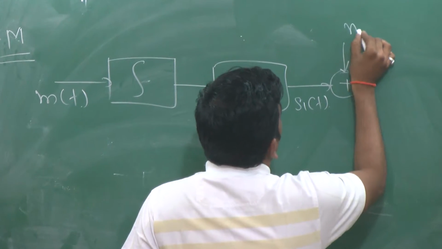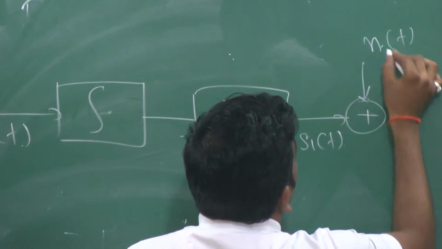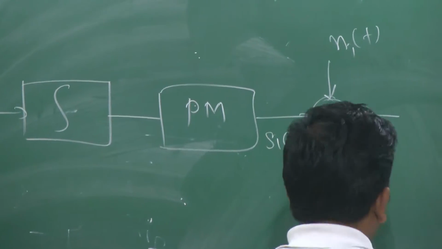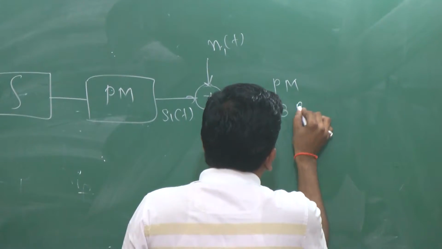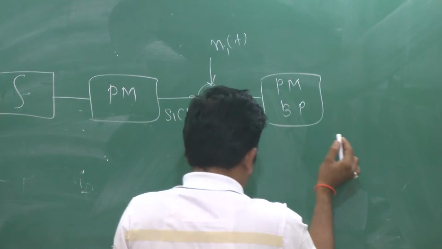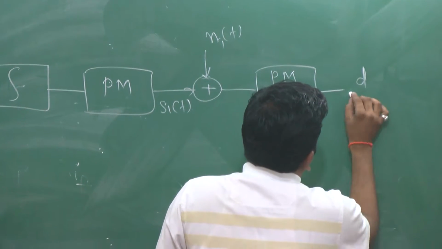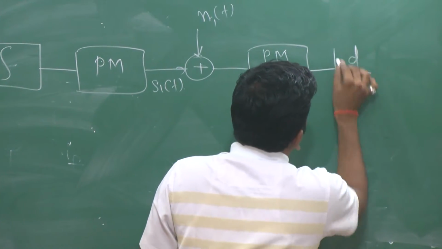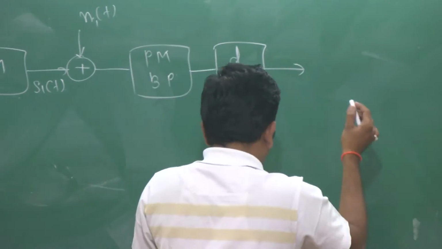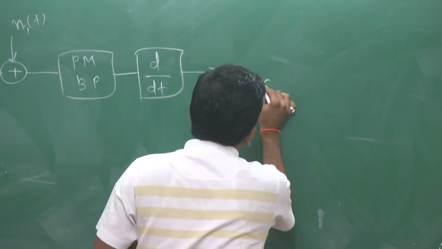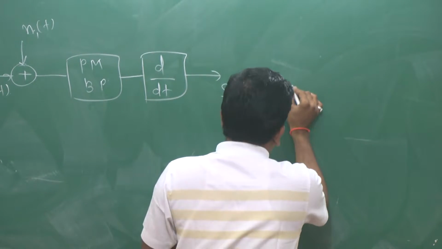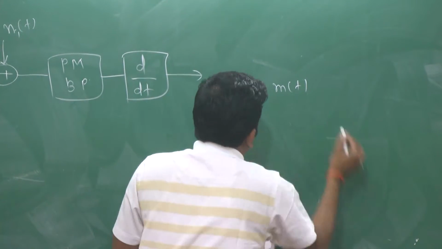Noise Ni of t is added, which is given to the phase band pass filter, and finally we use a differentiator, which will give the output S0 equal to Kf into m of t.